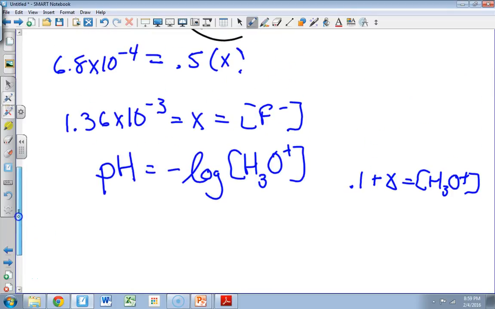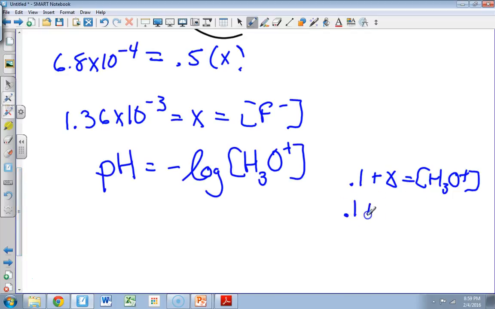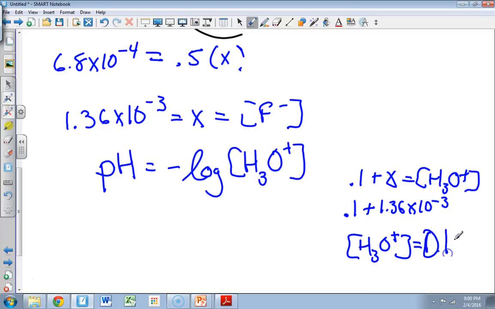So 0.1 plus 1.36 times 10 to the minus 3 equals, so the hydronium ion concentration equals, in this case, 0.10136.